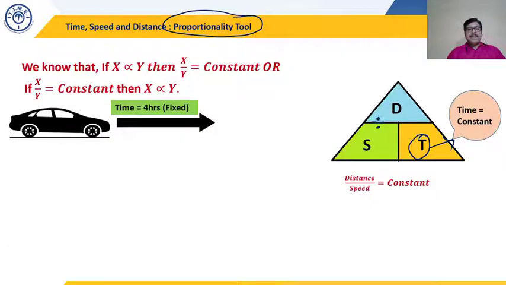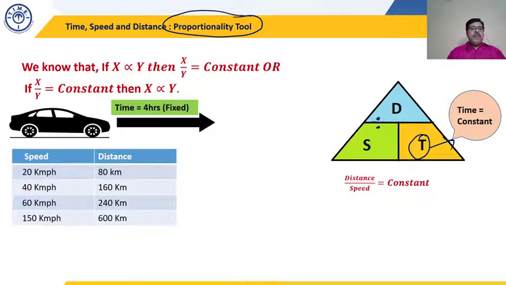For example, if your speed is 20 km per hour, then your distance travelled is 80 km. If your speed is 40 km per hour, then 40 into 4, 160 km is the distance travelled. If your speed is 60 km per hour, then the distance travelled is 240 km. If your speed is 150 km per hour, then the distance travelled is 600 km.